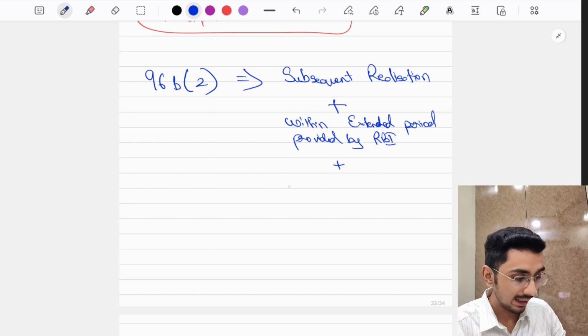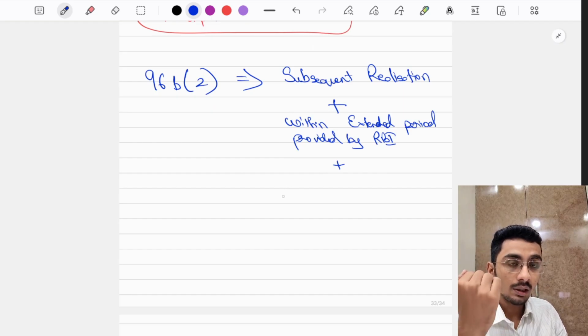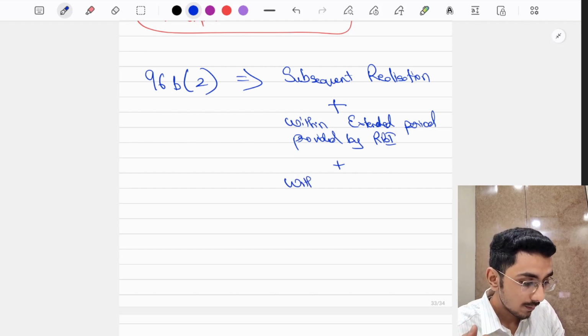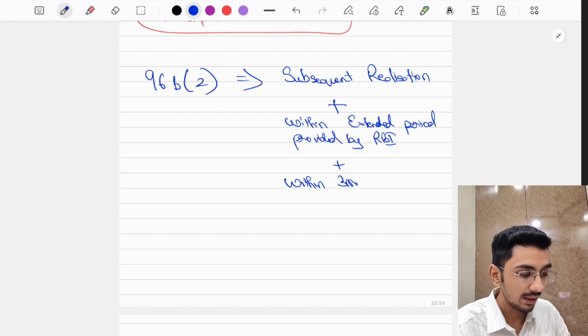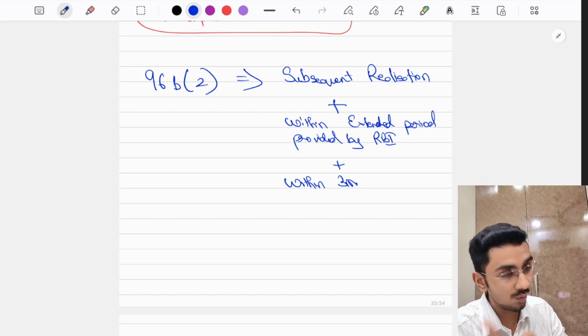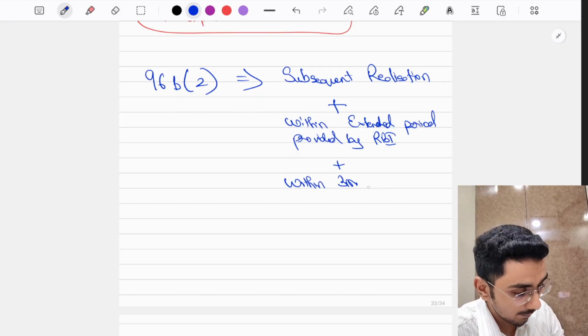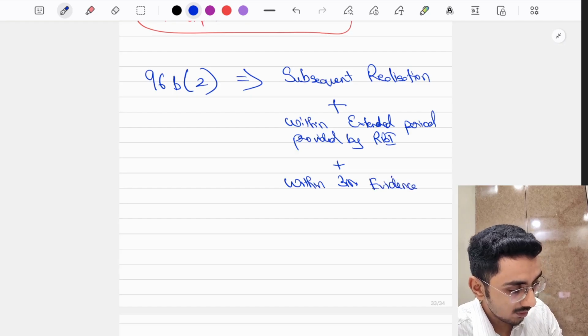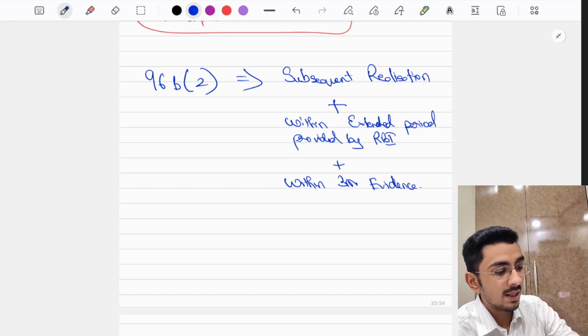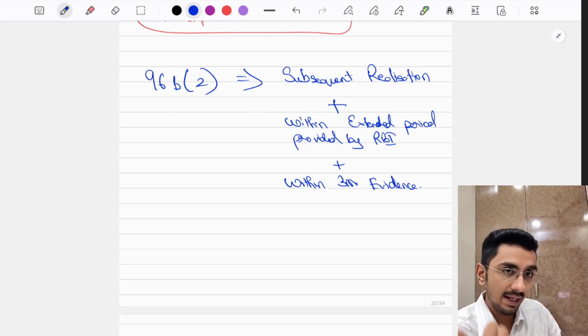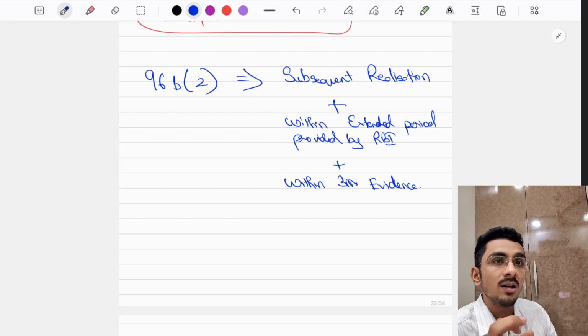Next, once the amount was realized, within a period of 3 months itself, you have come to RBI and shown the proof, or you can say you have shown the evidence. In this case, whatever recovery or repayment has been made by you, you can claim it back.